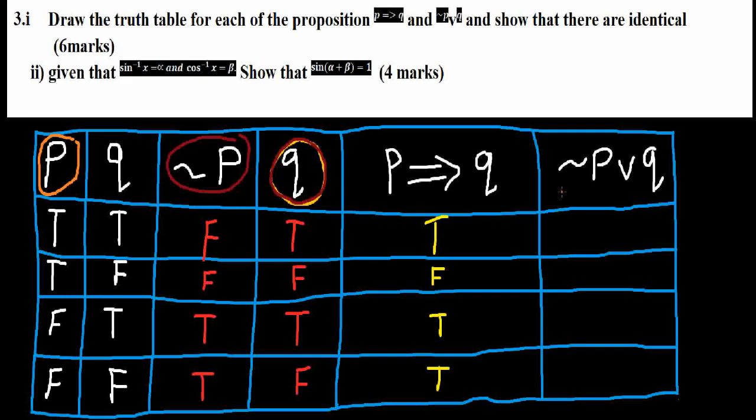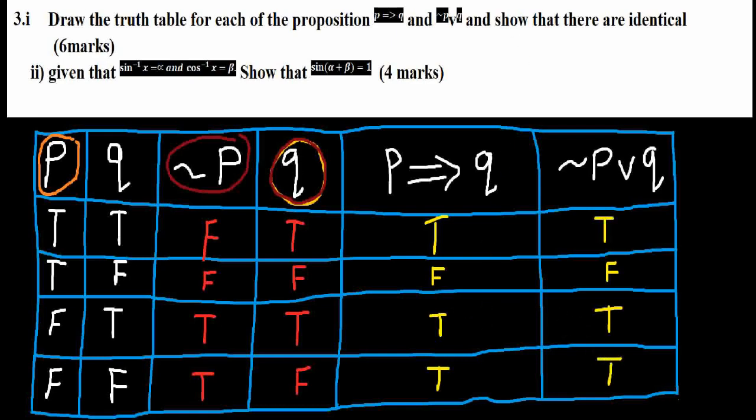So if we draw our truth values, we are going to have false, true will give us true, and false, false will give us false. True, true will give us true, and the true, false will give us true.